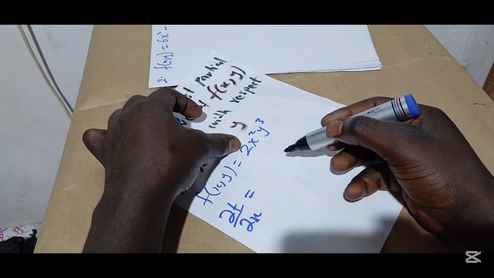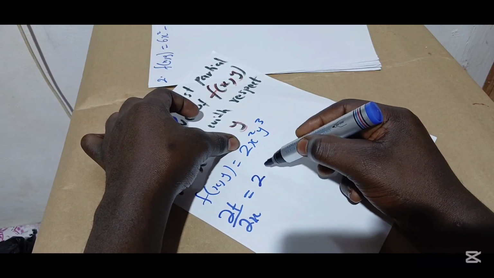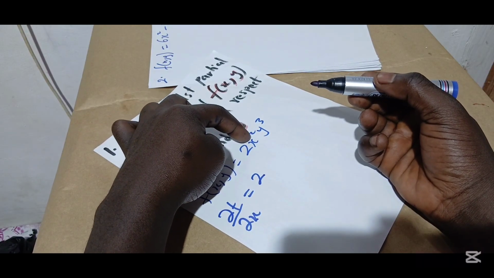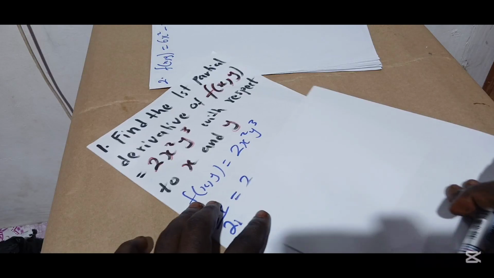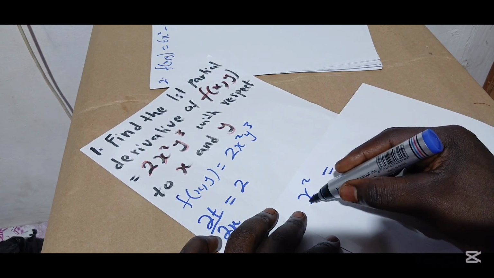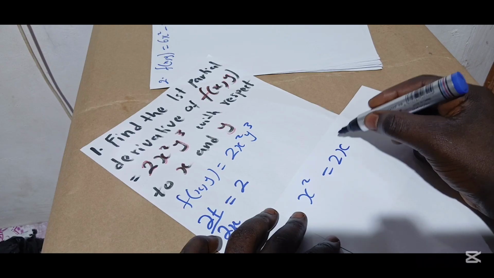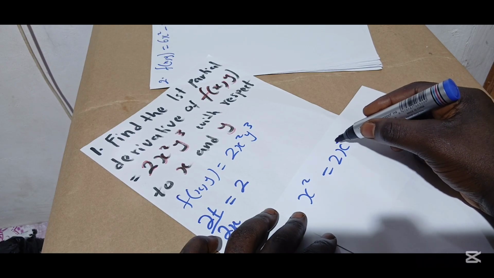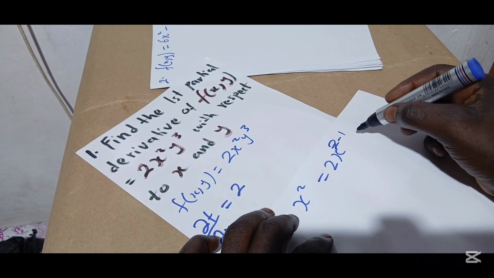So this is going to be 2 times the derivative of x squared. To differentiate something like x squared, we multiply everything by the power, and the power will decrease by 1.